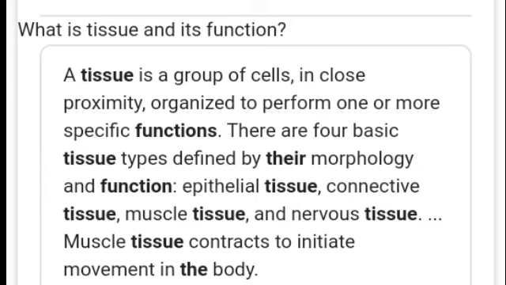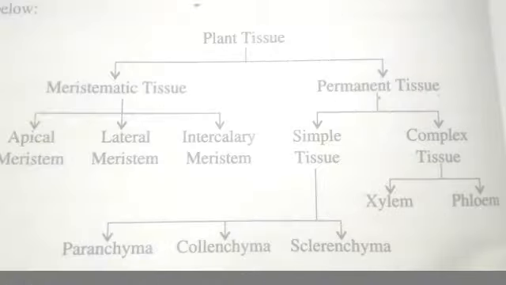This is too simple. Now we have to look at whether plants and animals have tissues of the same type or whether they differ in their types of tissues. We can answer this question by looking at the structure and function of plants and animals. You know that plants and animals differ in a number of ways. Some of the differences I am going to recall now, so pay attention.